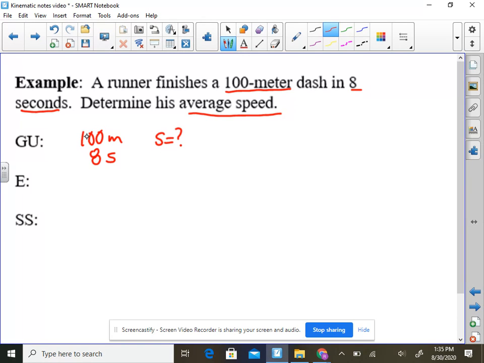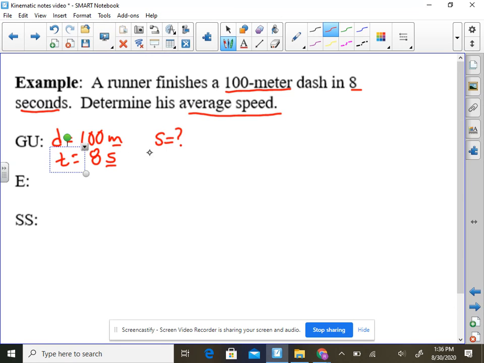Now, I have to figure out what are these two things. So 100 meters, if it has a unit like meters, it must be either a displacement or a distance. And in this case, since I'm looking for speed, it's a distance. And then 8 seconds, I have the unit of time, so it must be time.